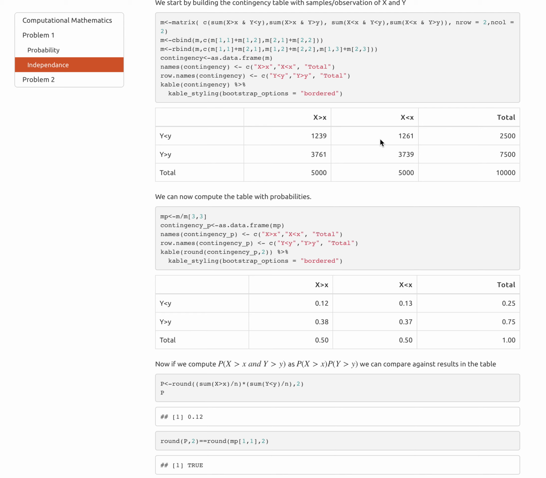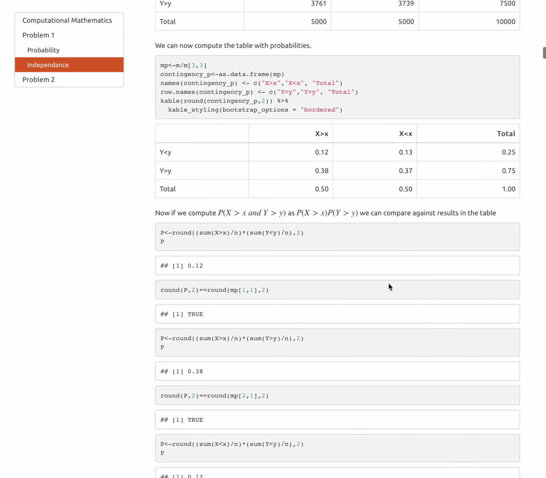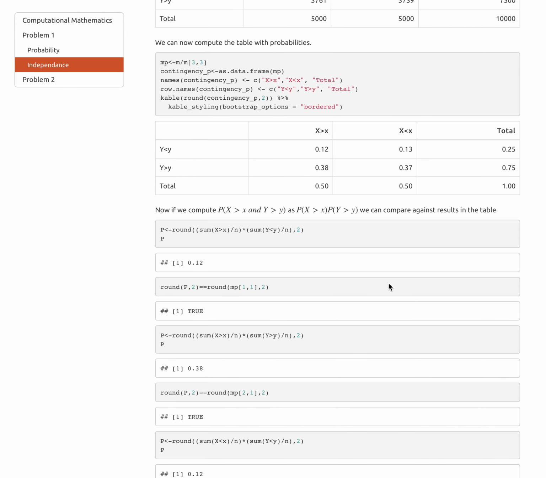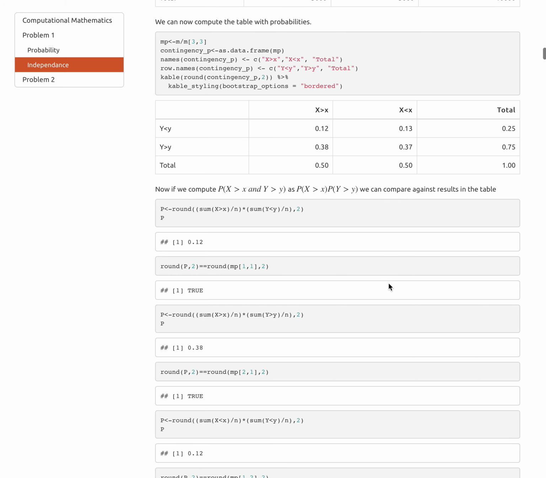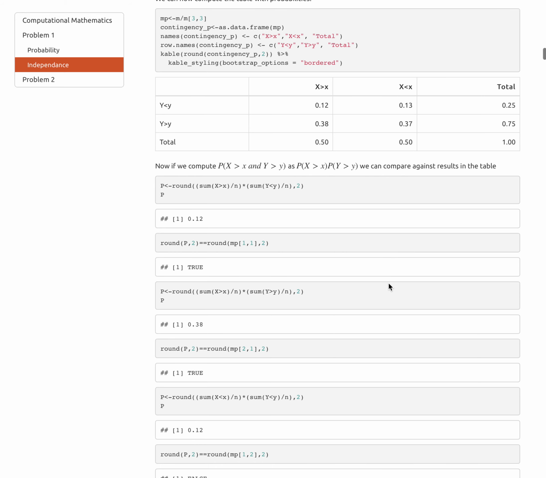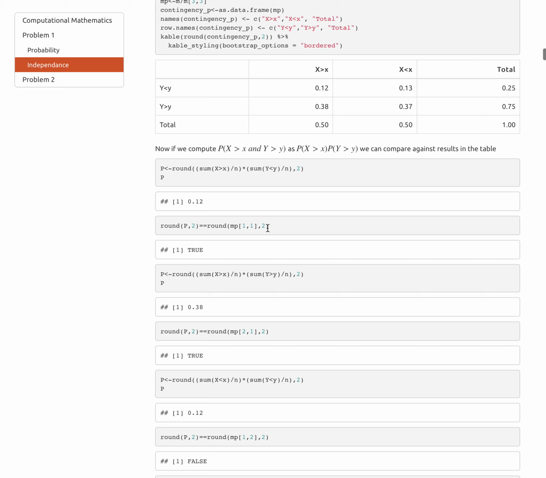Now, assuming independence, we compute the probability as the product and compare against this table, where the same probabilities are computed, not assuming independence, but rather by adding all of the samples and observations from the first table. We can see here how, in fact, we get the same results. I rounded to 2 decimals.